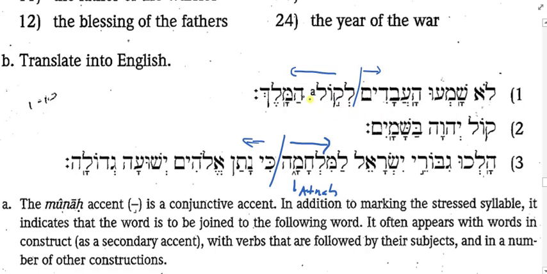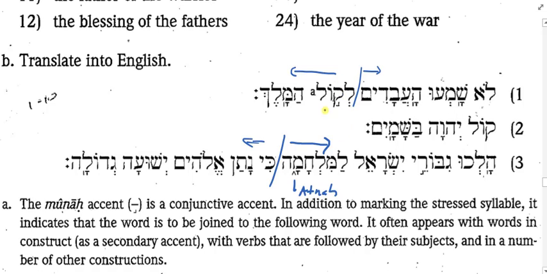Conjunctive accents work the opposite way. They tell you to read the word with the conjunctive accent with what follows and less with what comes before, okay? So you will commonly see these on words in a construct because you always read words in a construct with what comes after, right? So conjunctive accents sort of bind words together. Disjunctive accents sort of break them apart from other words for the purposes of chanting, but it often follows the grammar as well, okay?